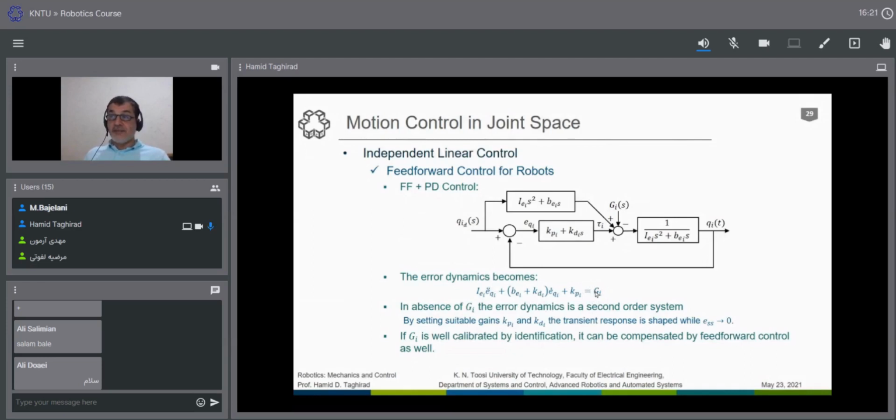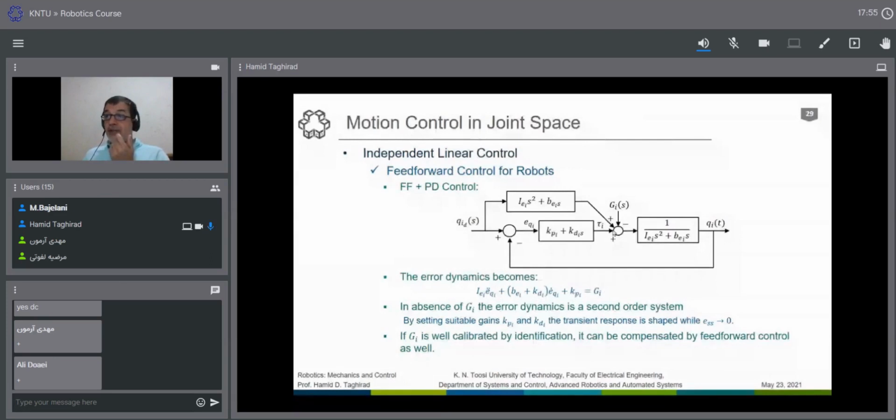Still, we have not completely removed the Gi, but by setting the KDi and KPi, I hope that you followed what I had given up to here. I told you that this gives you a second order system, so you can design KDi and KPi as we talked about in the last session, very easily to have a second order with zeta equal to 0.707, a very particular case. But still this G has not been removed.